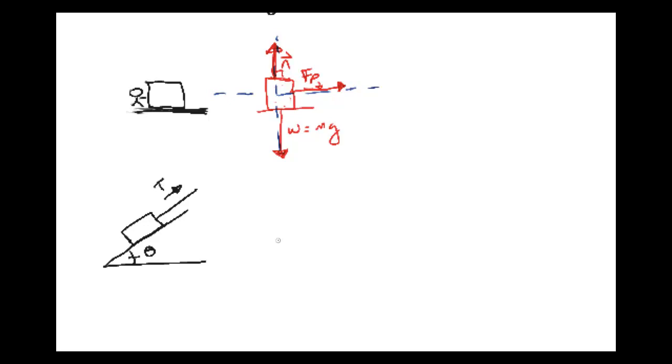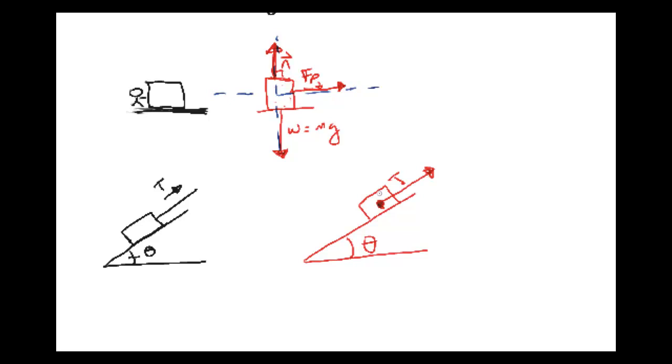Well, let's see. What you want to do with this is align the motion in the positive X direction. So we will say the tension right here, when we draw our axes, would be in the positive X direction.